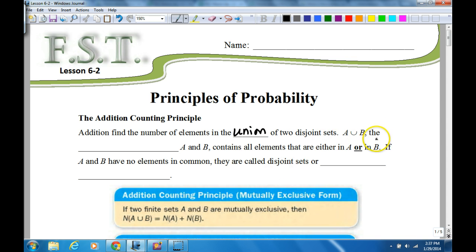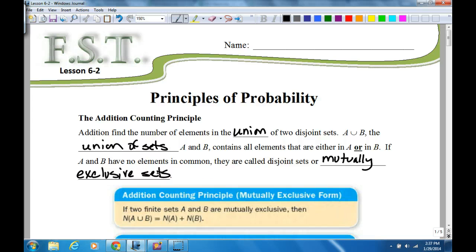The A union B, or the union of sets A and B, contain all elements that are either in A or in B. If A and B have no elements in common, they are called disjoint sets or mutually exclusive sets.